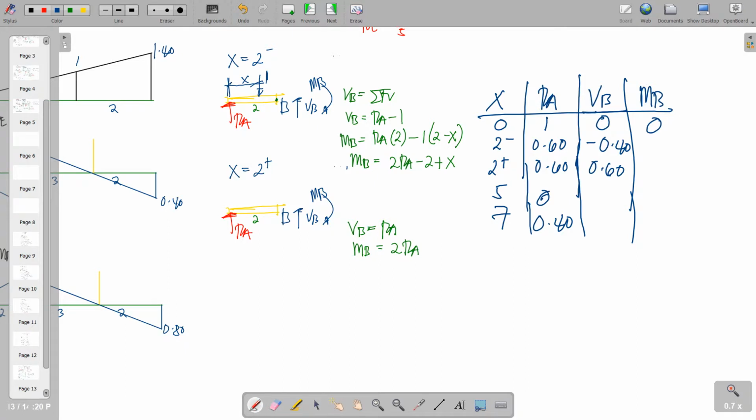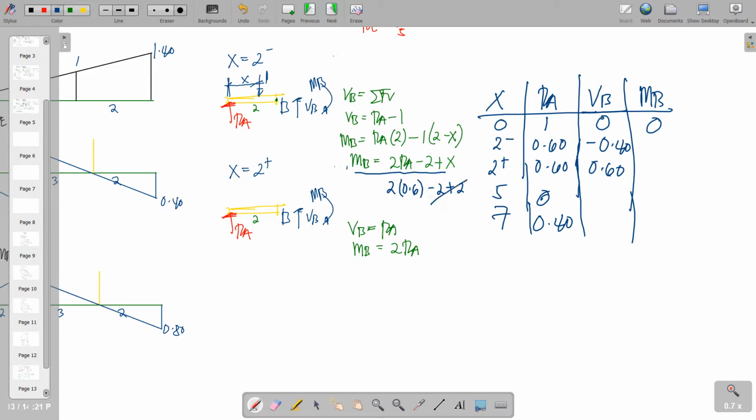And then for the moment at 2 minus, we use this equation here. 2 times RA, 2 times 0.6, that is 1.2, minus 2, that is negative 0.8, plus 2.